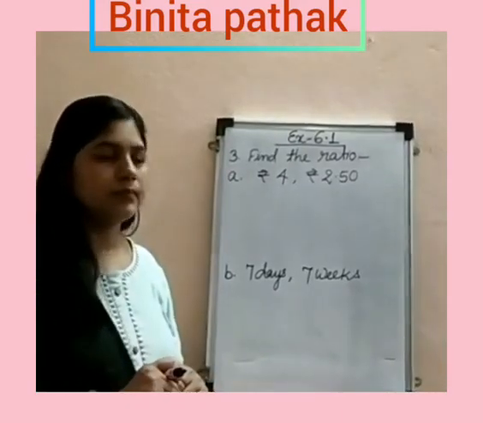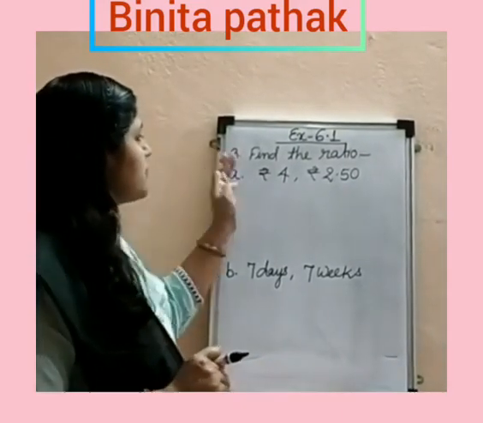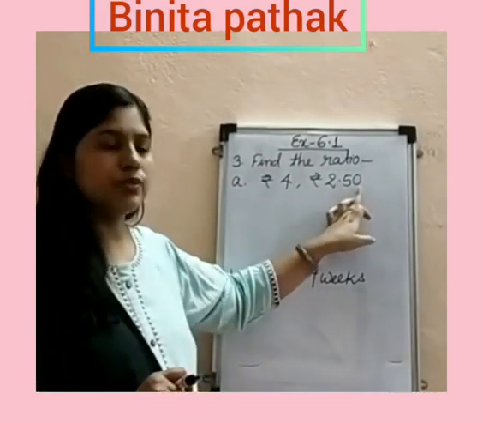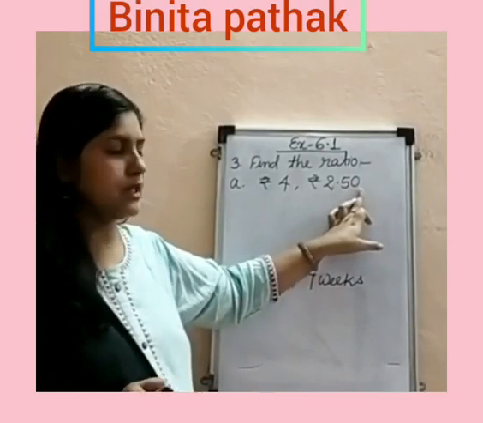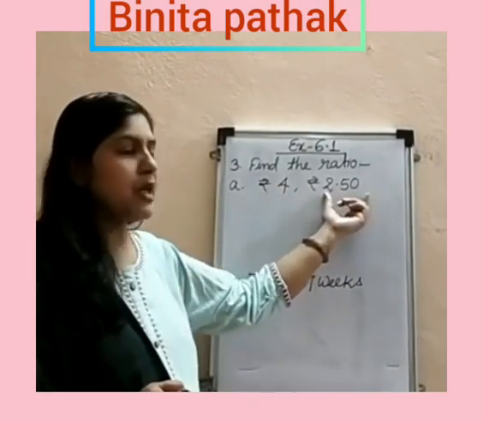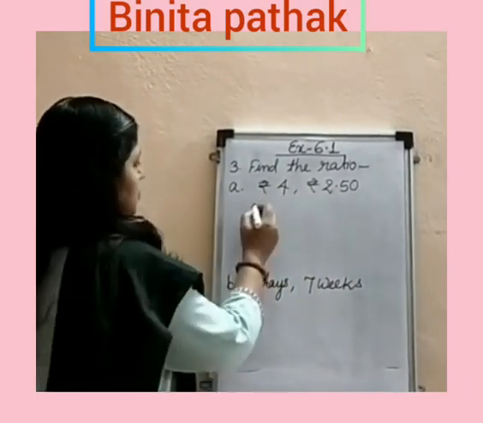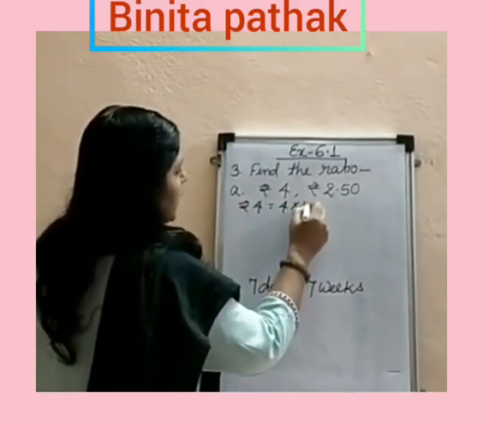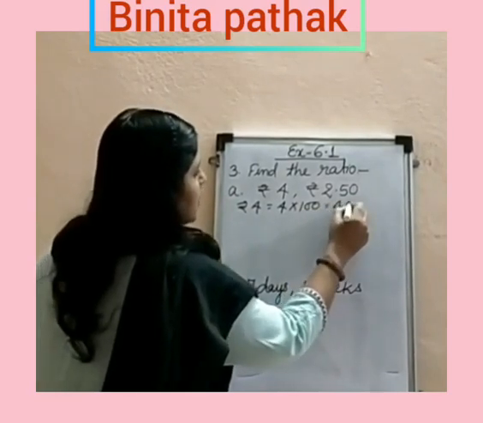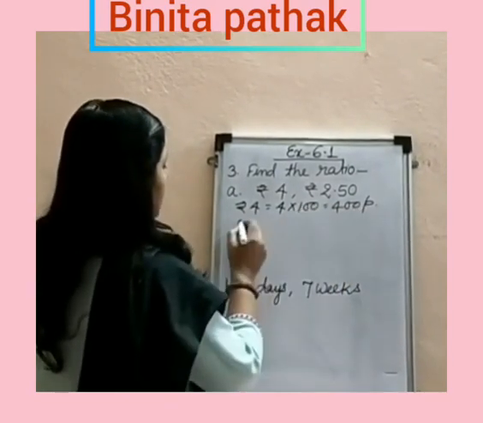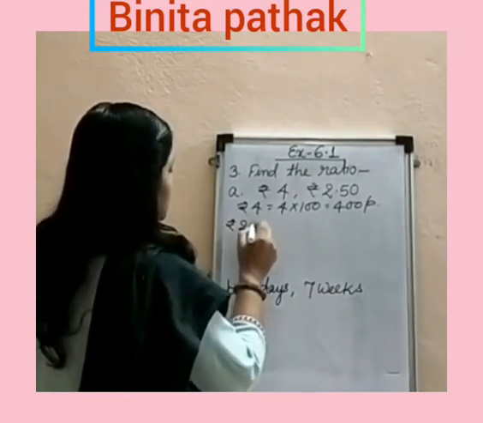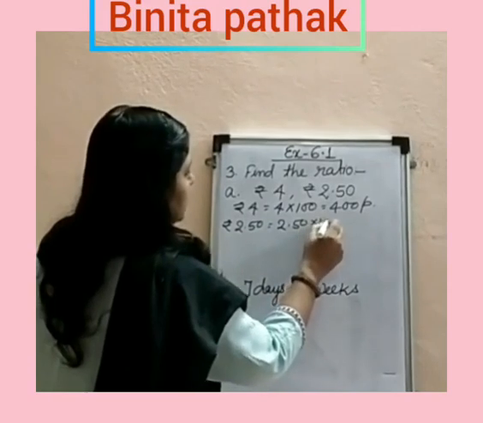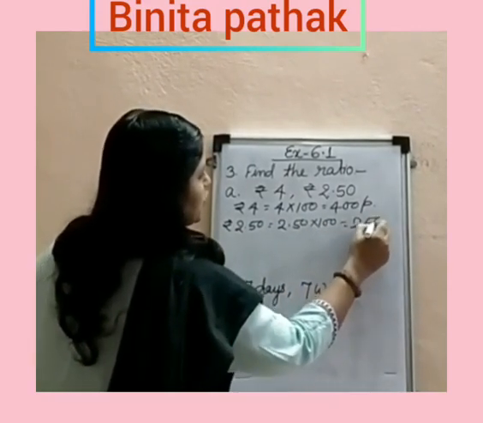Let's do our next question. Third question is find the ratio. A is rupees 4 and rupees 2.50, 2 rupees and 50 paise. So first we will convert it into paise. Rupees 4 equals to 4 into 100, it means 400 paise, and rupees 2.50 into 100 equals to 250 paise.